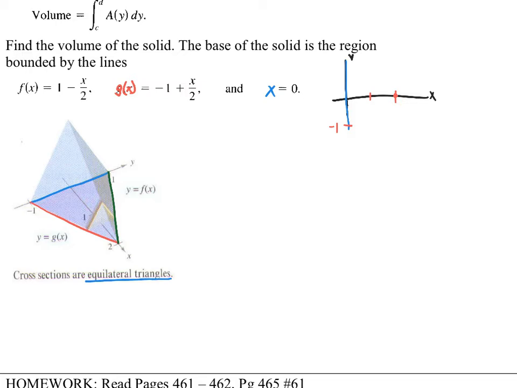All right, so here is this line right there. And then my f of x is 1 minus half of x. Okay, so here's up at +1. I go down 1 over 2, and that's also going to cross there.